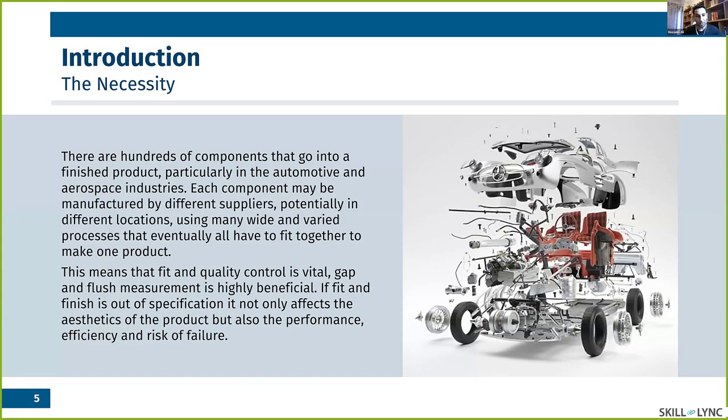Not only are these criteria considered, but sometimes we also need gap and flushness for other reasons. I would give you an example. For instance, consider the exterior of the car, where we have the gasoline door lid. The gasoline door lid should understandably be aligned with the exterior of the vehicle.